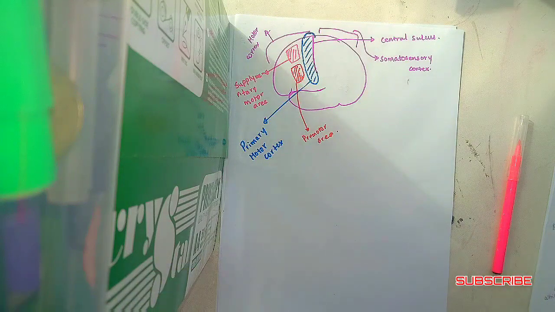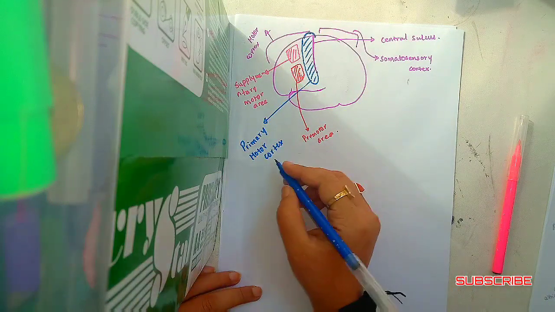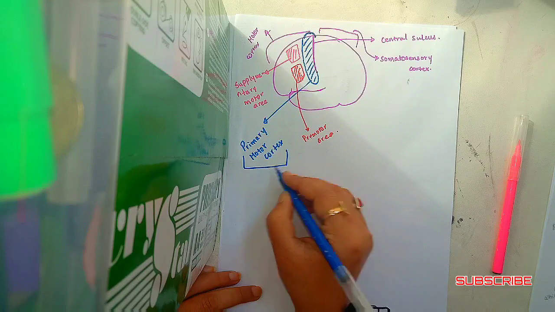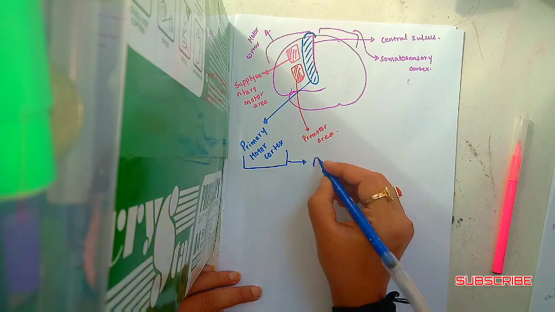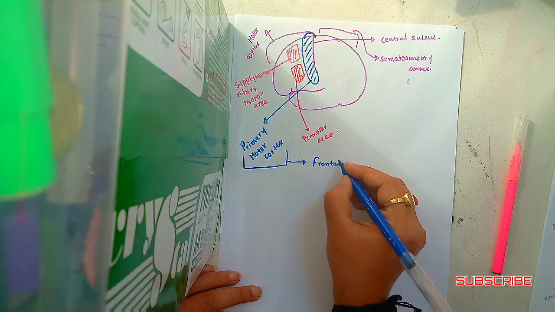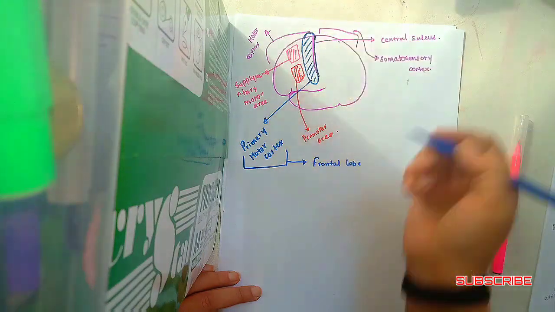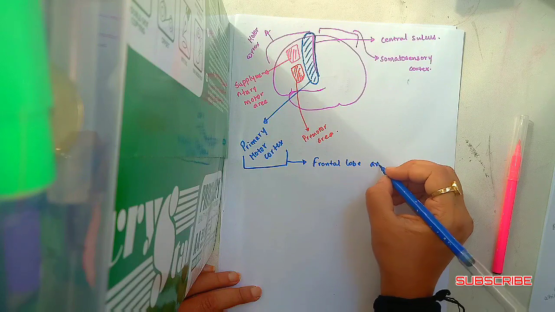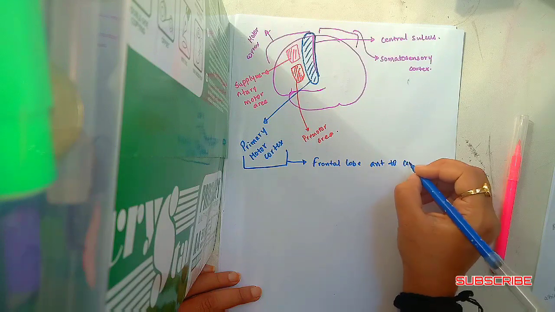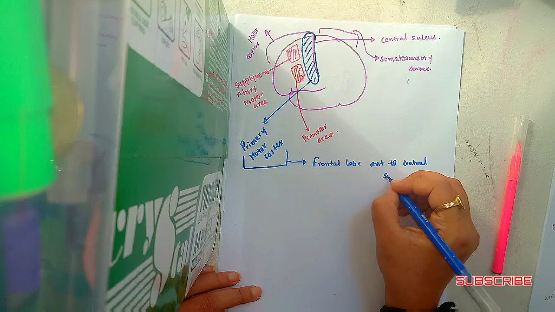The primary motor area is found on the frontal lobe, anterior to the central sulcus.